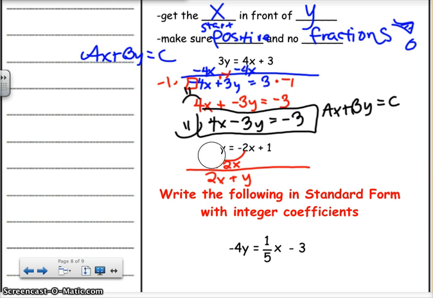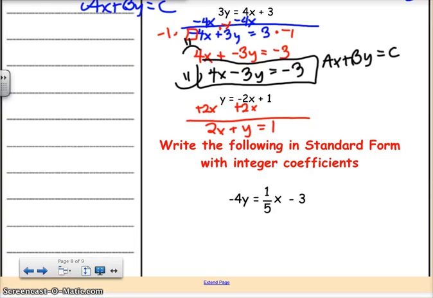Let me do this with better algebra. Plus 2x, plus 2x. 2x plus y equals 1. I'm in beautiful standard form because the x is before the y and I started out positive. I cannot start out negative. Ooh, this one's a good one.